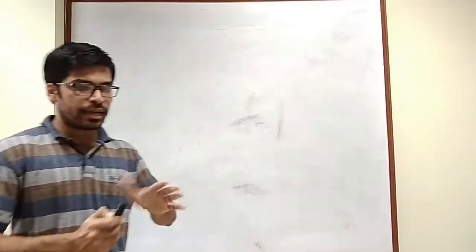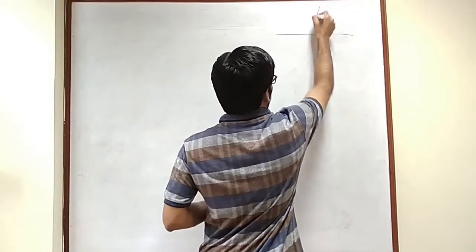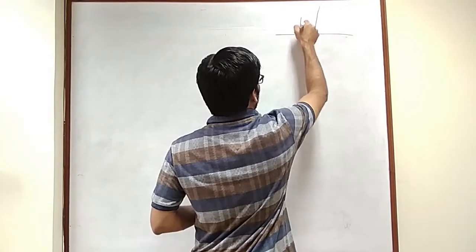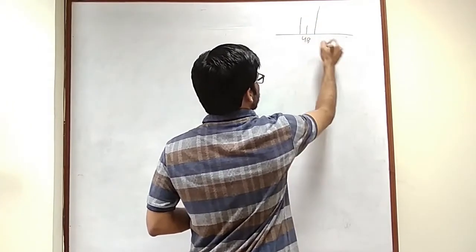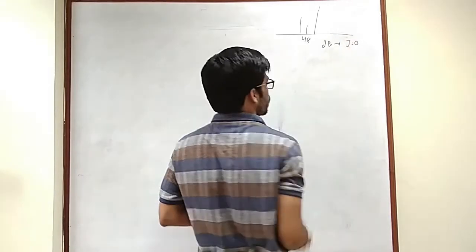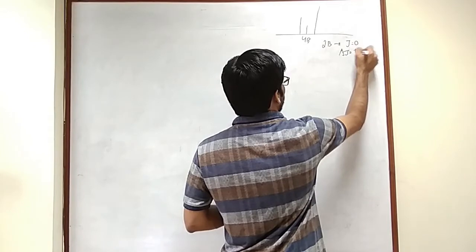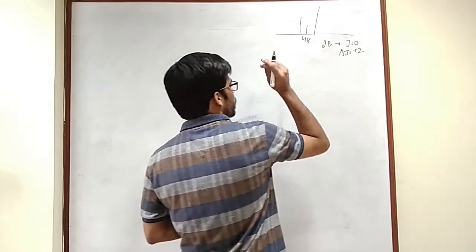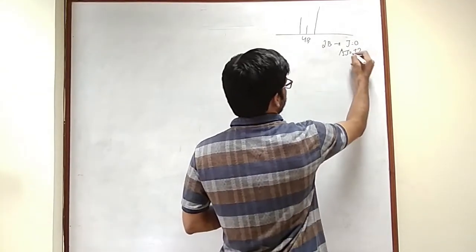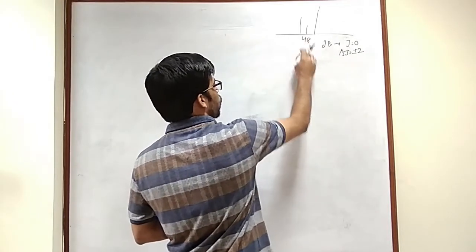I would like to mention that I made a mistake in drawing the spectra for symmetric top molecules. This will be at 4B. There will be no 2B line because, as we said, for J equals 0, delta J becomes plus minus 2. That would mean that we will not get a peak at 4B.